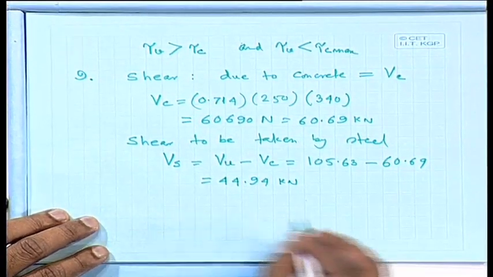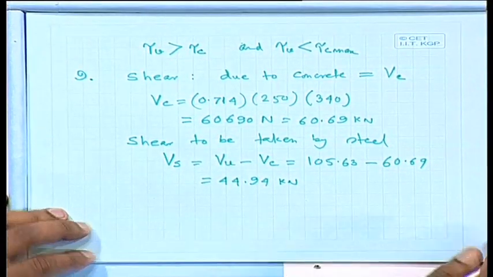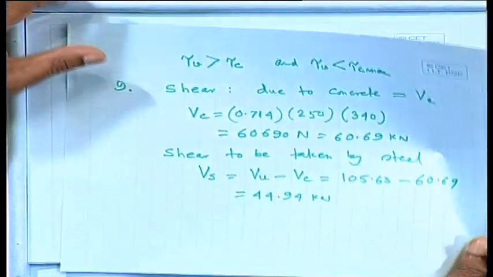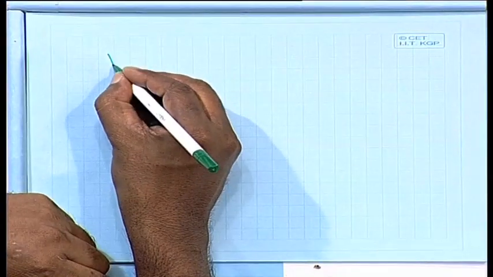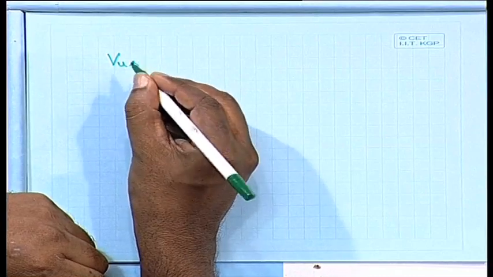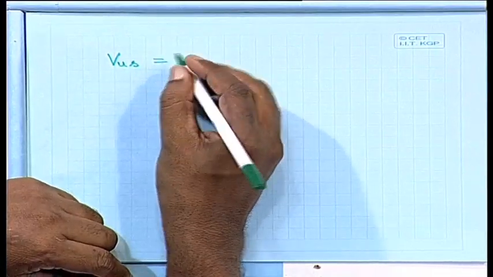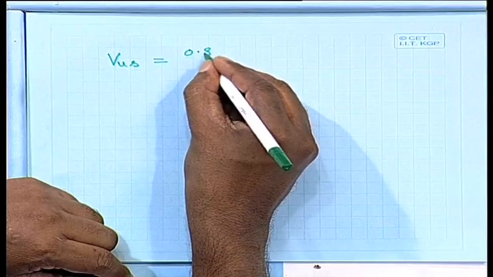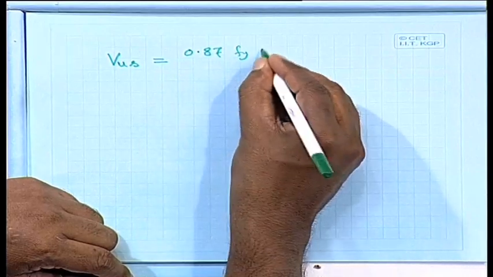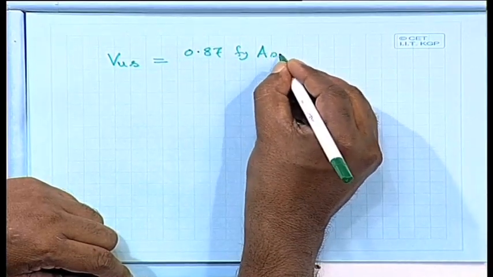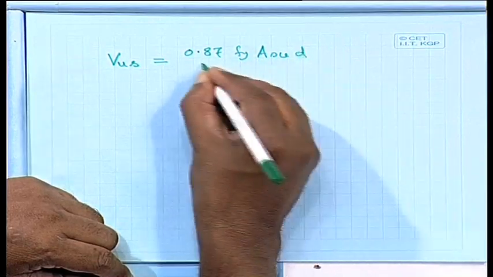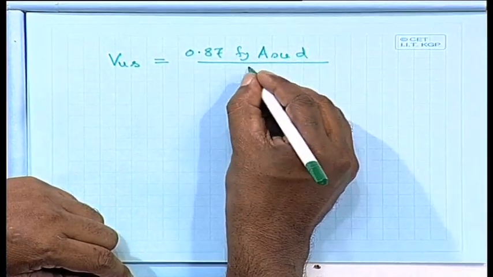What about VUS? Let us go to the next page then. VUS, as per the code, is 0.87 Fy times ASV times D divided by SV, the spacing.